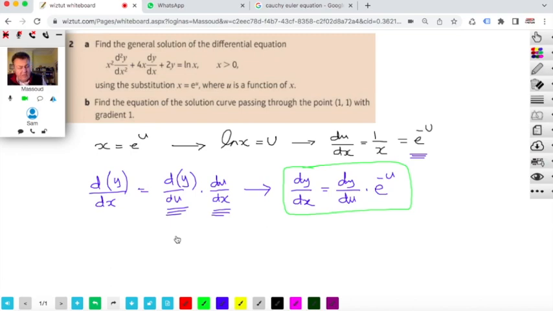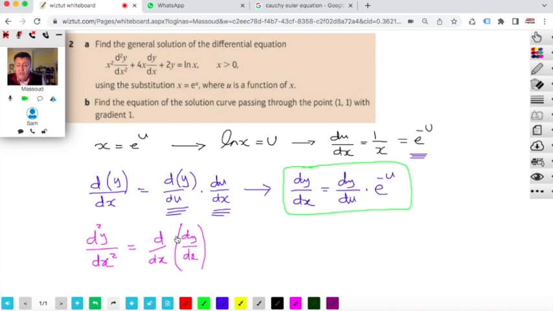And let's now find the second differential. The second differential, which we normally write as d2y dx squared, is the differential with respect to x of the first differential, dy dx.